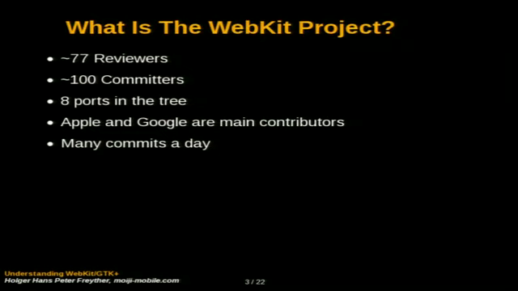Right now, I sloppily counted on the wiki, we have about 77 reviewers. It grew a lot in the last year with Google and others. On top of these 77 reviewers, we have 100 committers. These people have direct commit access to the source repository, but they're still required to get review on all the patches. Once they have reviews, they can actually commit code themselves.